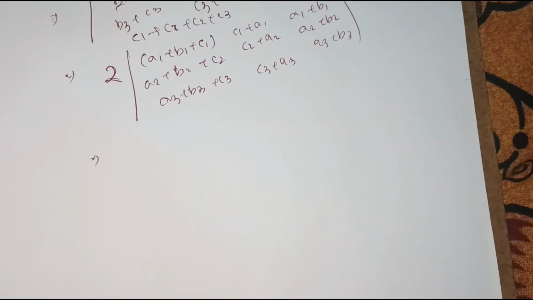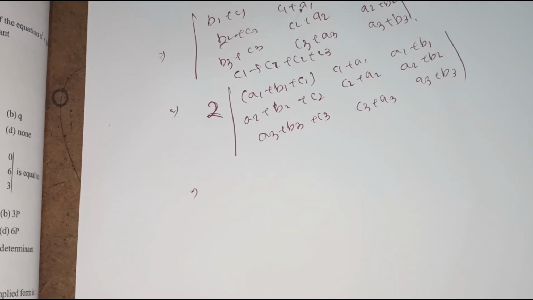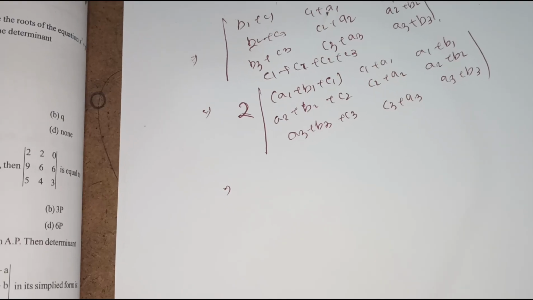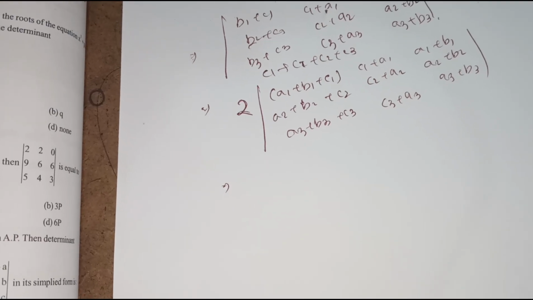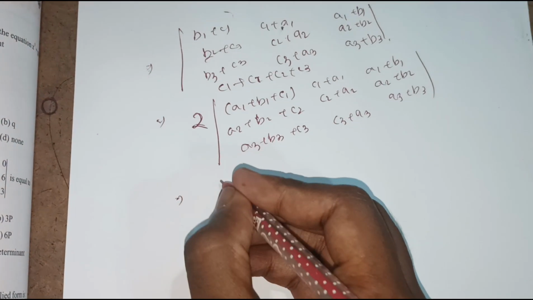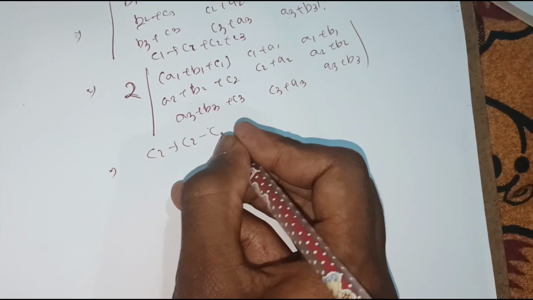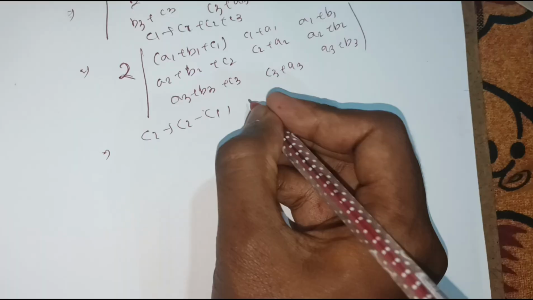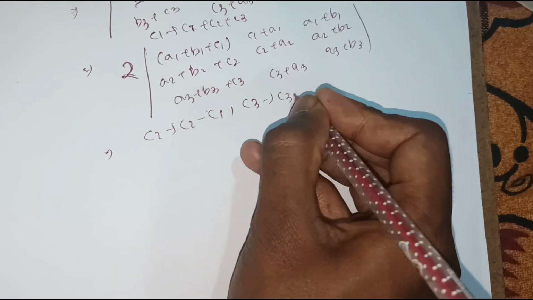Next we make the two operations: C2 tends to C2 minus C1, and also C3 tends to C3 minus C1.